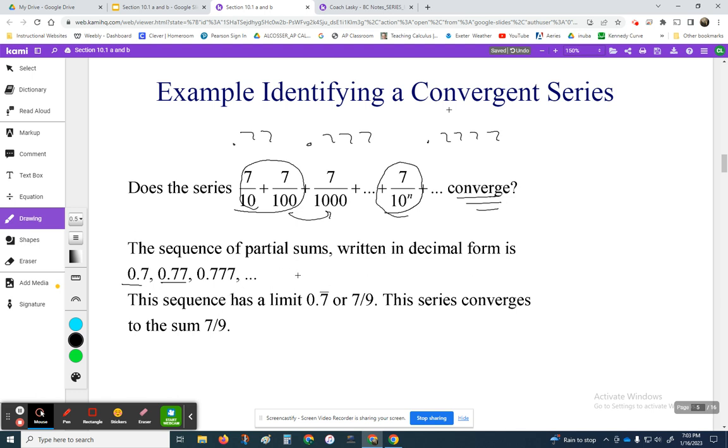So this is going to approach a certain number, and that number is going to be 7 over 9, because 7 over 9 gives us this 0.77 repeating. As we add more and more sevens, it's going to approach this number. So that series converges on the sum of 7 over 9. That's the idea of identifying a convergent series.